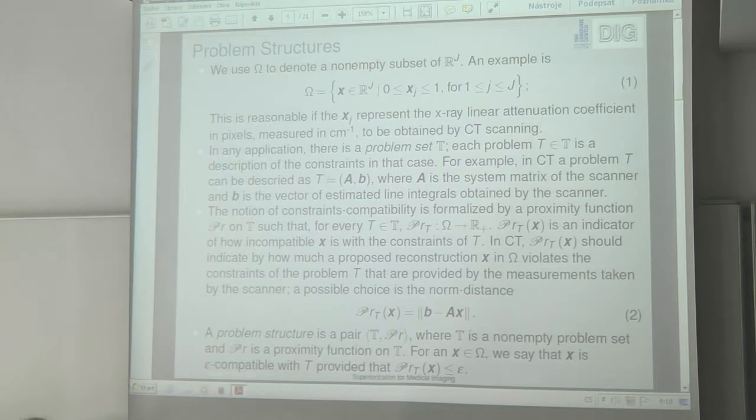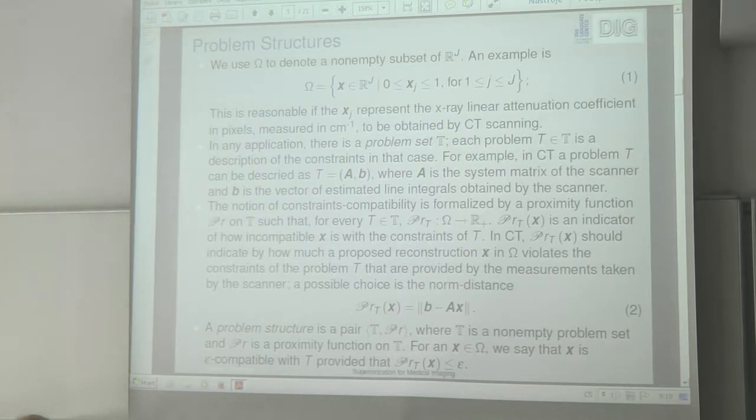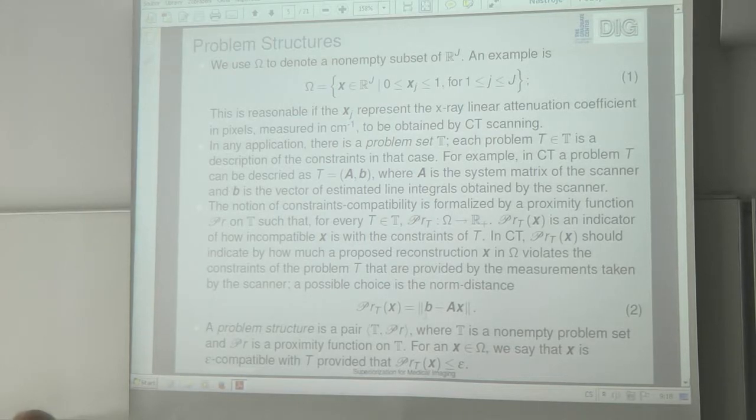Then what you need, remember I have said that constraint compatibility is defined by a proximity function. So for this particular problem T, one of the things you could do is take the norm of the difference between applying A to your proposed solution and subtracting that from the measurements.